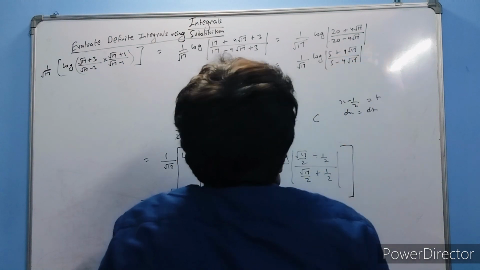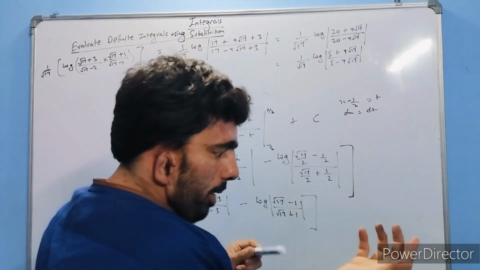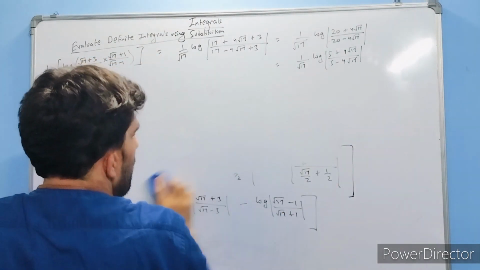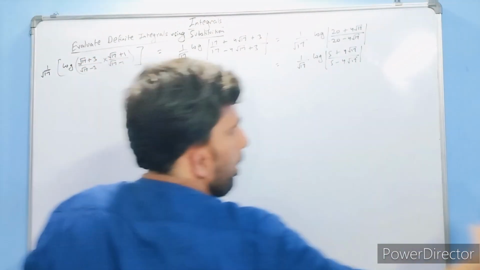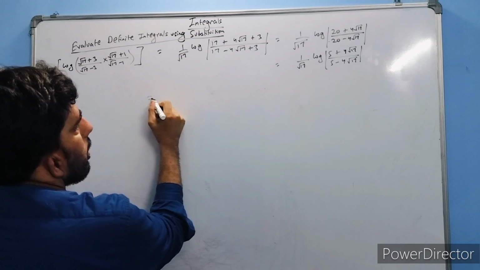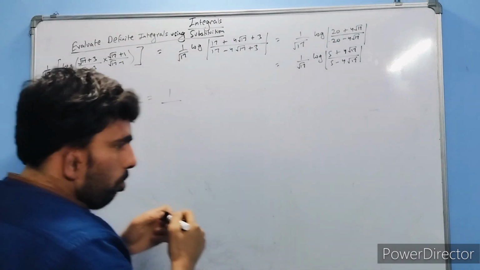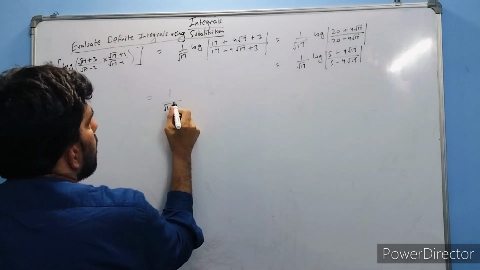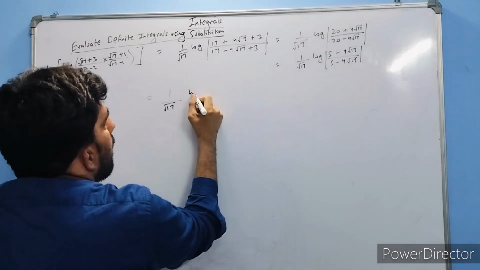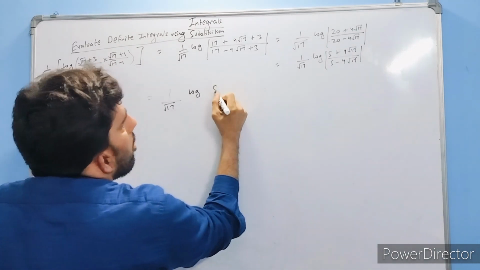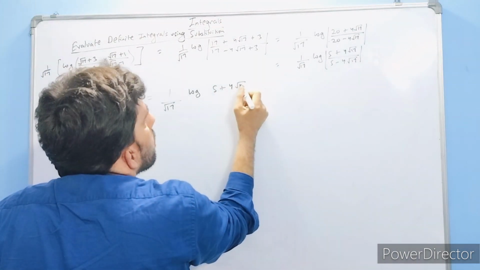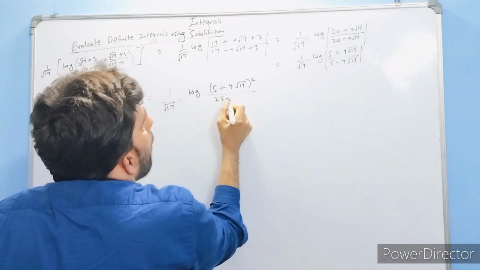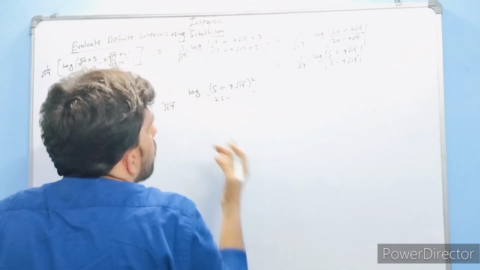Okay, this is what I am left with, but I can rationalize again. So when I rationalize, I will find the answer. So what answer will I get here? 1 upon root 17. Here I can rationalize. So I got 5 plus 4 root 17 whole square upon 25 minus 16 into 17.